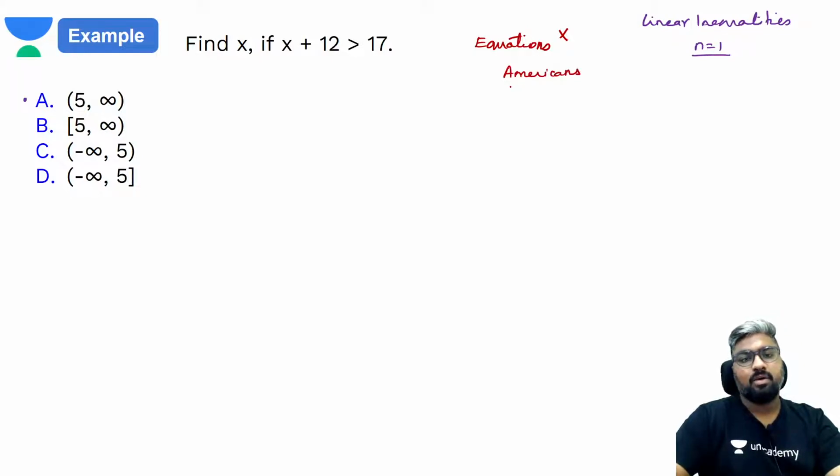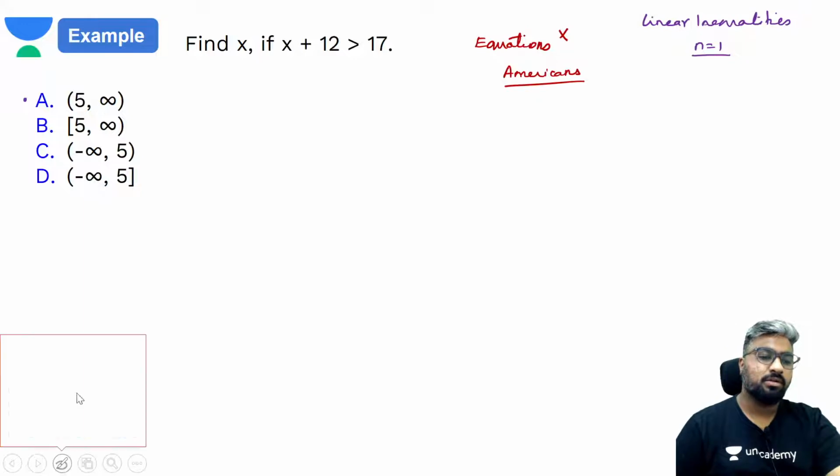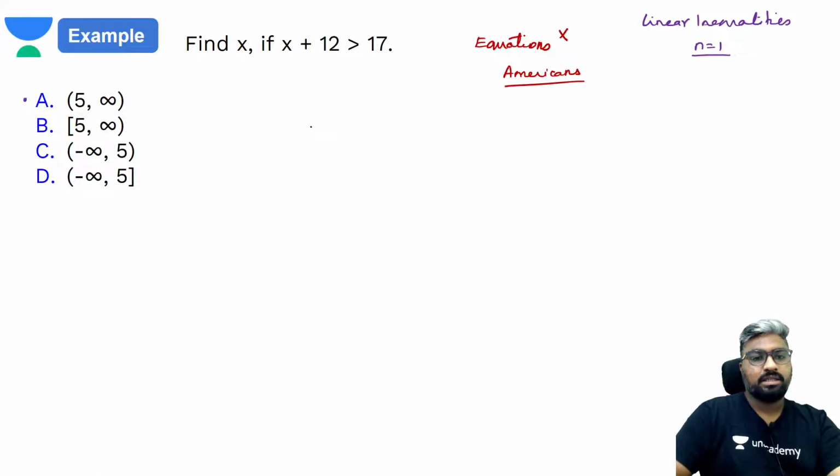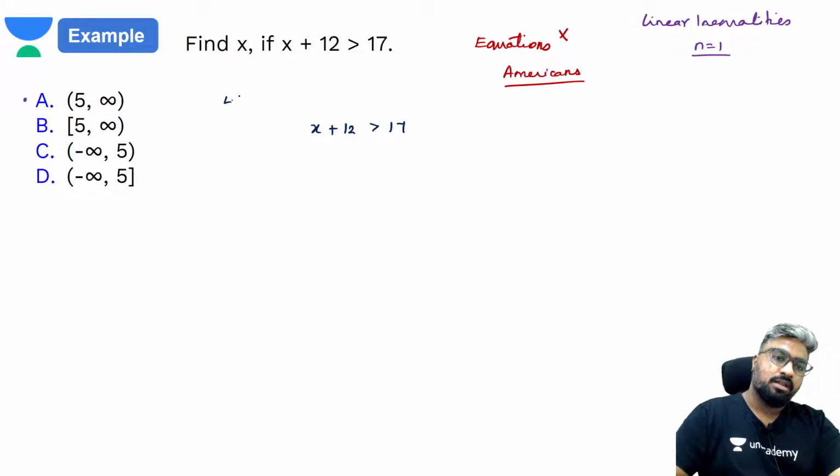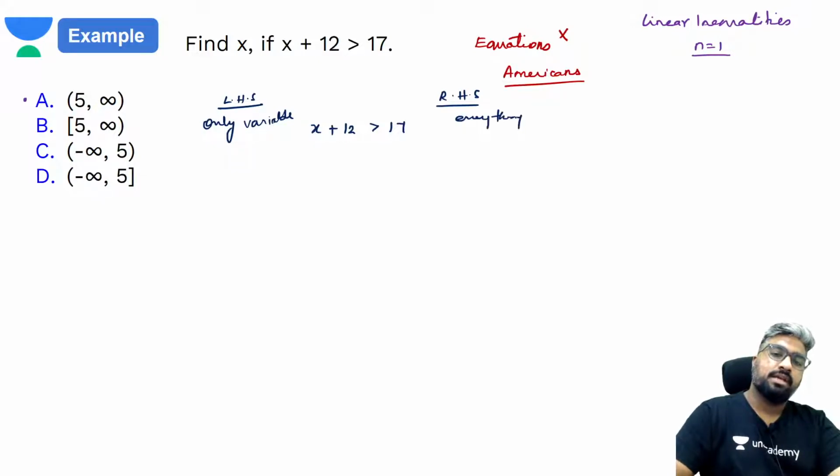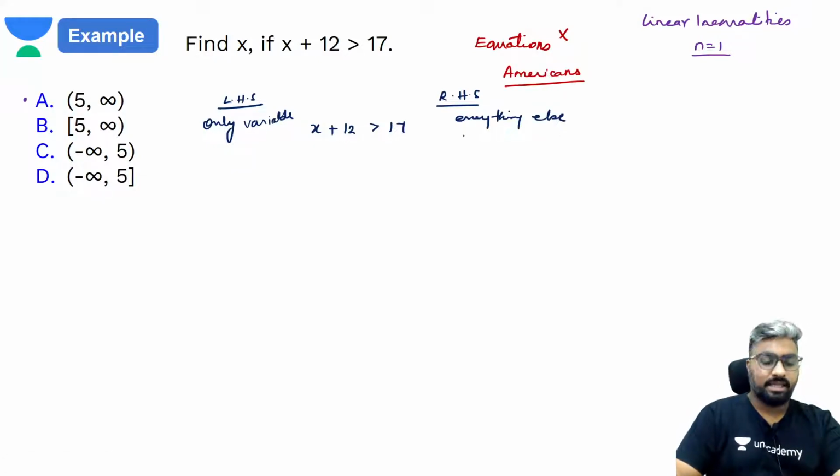If you watch Americans solving equations, what they do is, let's say here the inequality is x plus 12 is greater than 17. We will ensure that on the LHS only the variable remains and everything else goes to the RHS. Any constant, everything else will go to the RHS.